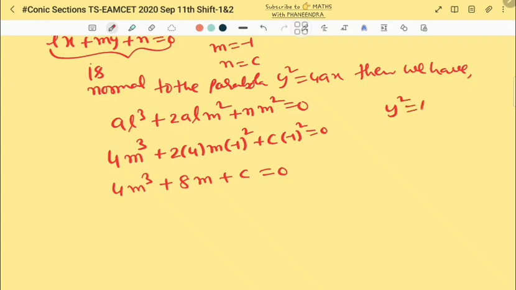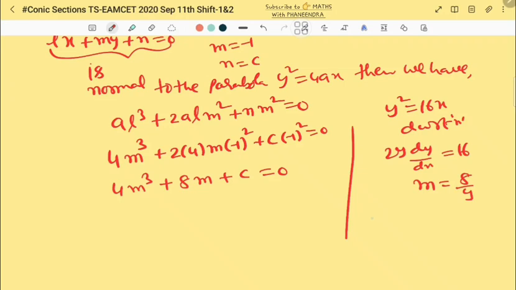Y square is equal to 16x. Differentiate with respect to x. 2y into dy by dx is equal to 16. dy by dx means slope. M is equal to 16 by 2y, that is 8 by y. But normal slope, no? Normal slope m is equal to minus 1 by m, which is minus y by 8.